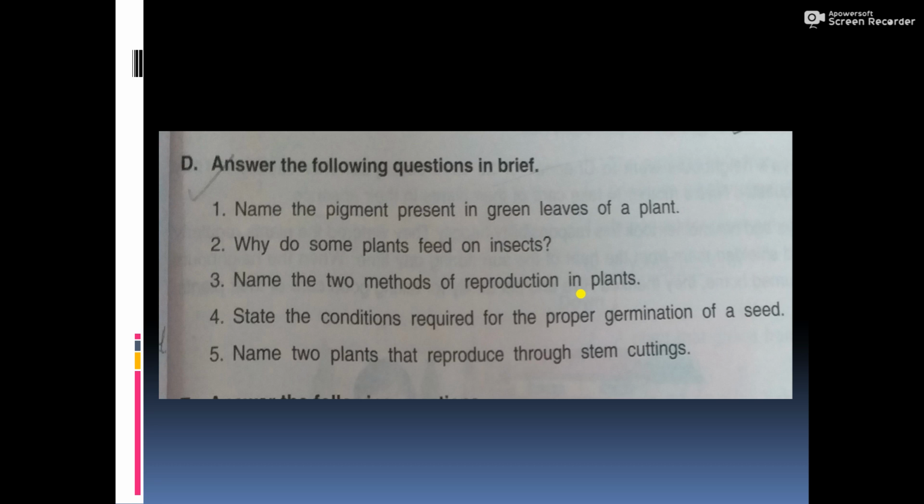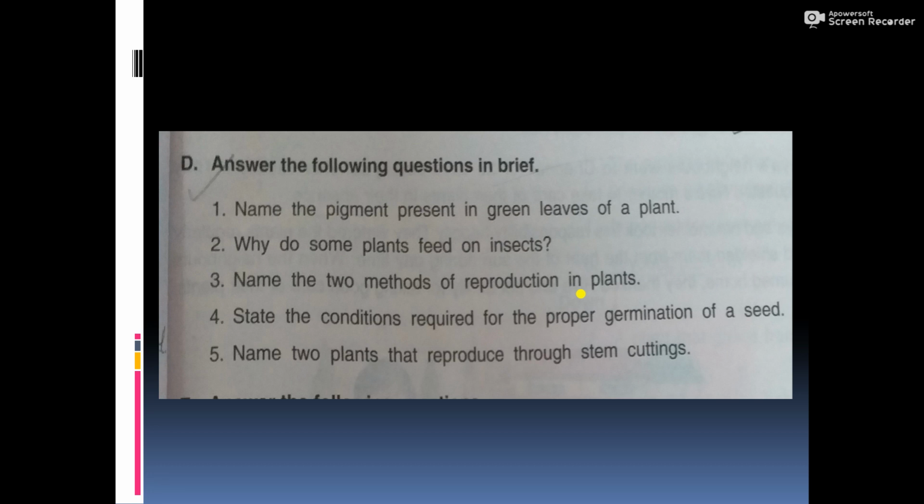So these are the questions I have explained to you, and I have also written the answers. So children, first note down the question number D1, then write down the answer of D1. Then you will leave a small gap.